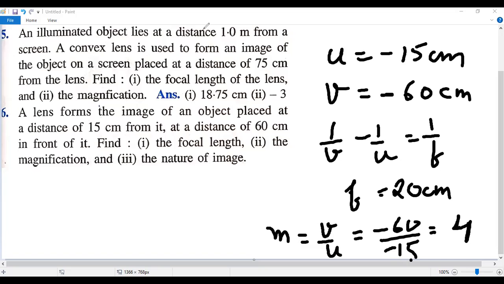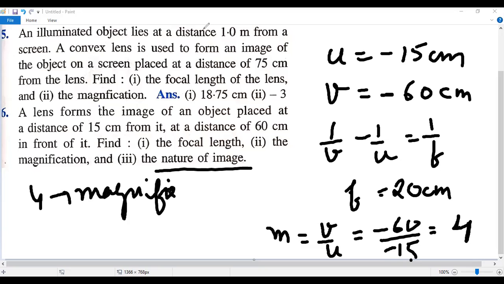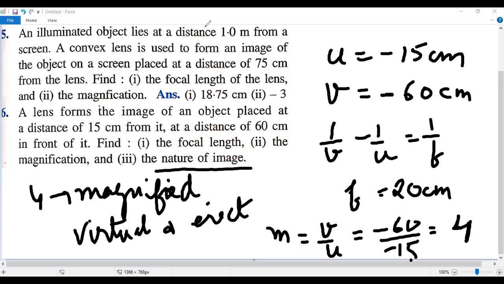Since it is coming plus 4, what is the nature? 4 means magnified. And since it is positive, the image is also virtual and erect. So students, I hope the numerical sign conventions are getting clearer with the help of these numericals.